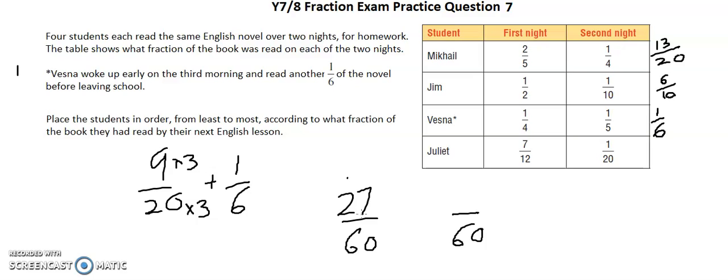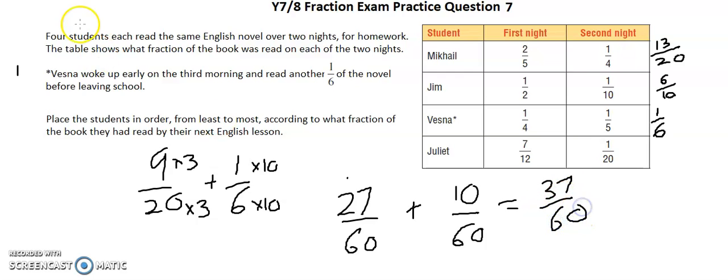Likewise with my 6, I would have times 6 by 10 to get to 60, so I would have times 1 by 10. And that would have given me 10 over 60. So 27 plus 10 equals 37 over 60. So Vesna, I'll just make it 37 over 60.